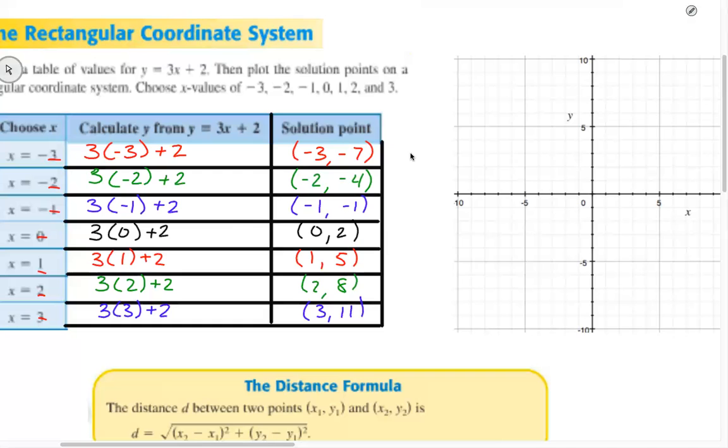Now, Mr. Kitchen, did you sort of see where the 3 and the 2 come into place? Where? It's plus 3 on y. Very good.